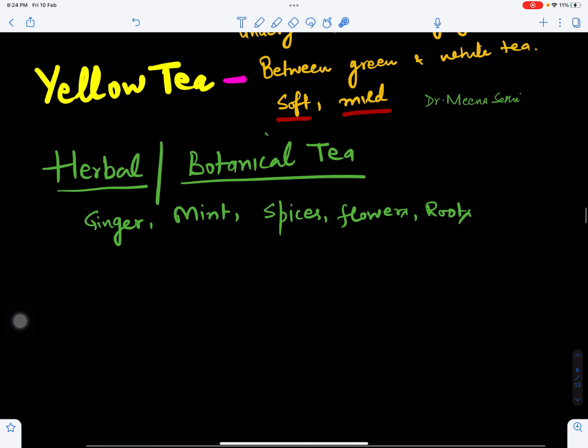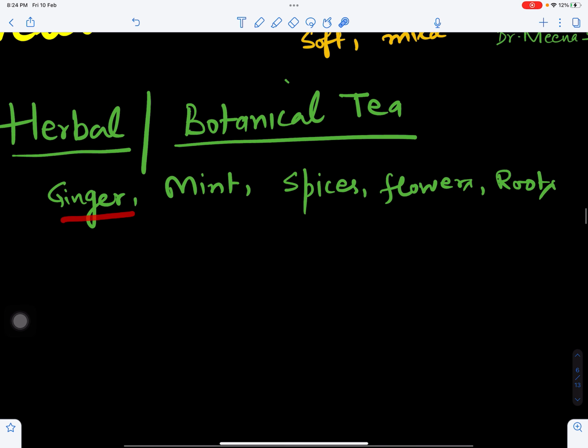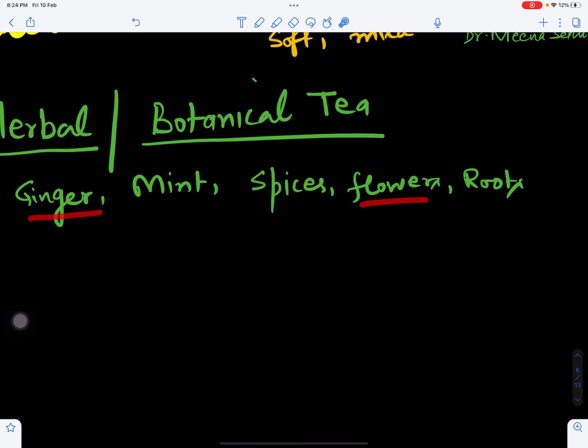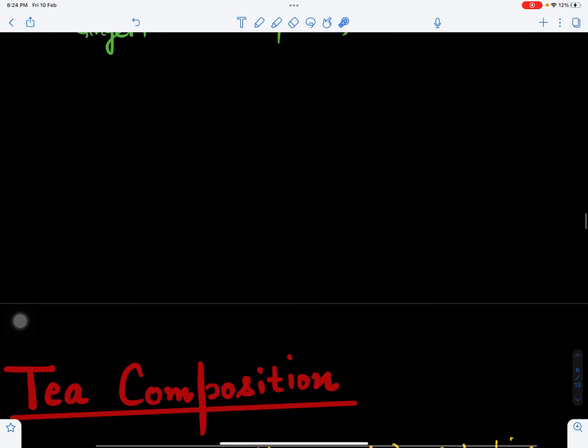Herbal and botanical teas are when teas are supplemented with spices like clove, then pepper, then elaichi, then mint can be added, tulsi can be added, ginger can be added, some flowers like hibiscus can be added, certain roots can be added for the formation of the tea, then it is called herbal or botanical tea.